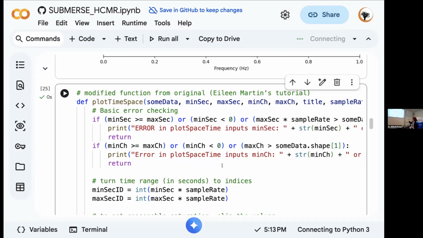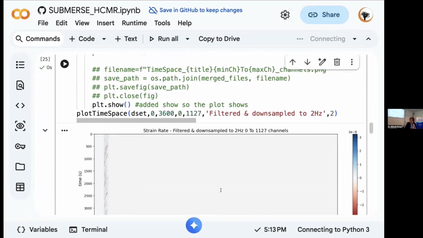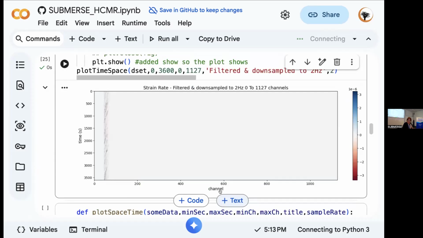This is a modified function from a tutorial of Eileen Martins, and I thought this is showing again what kind of channels are interesting. Do I need all the channels? One of the ways to identify this, maybe one of the plots is this, because you see that there's something going on there at channels that are at the shallower part and closer to the land than others.